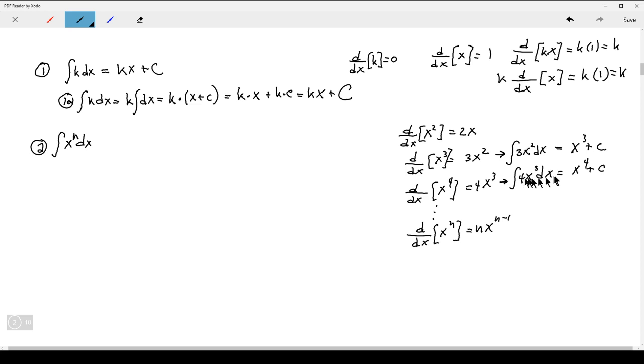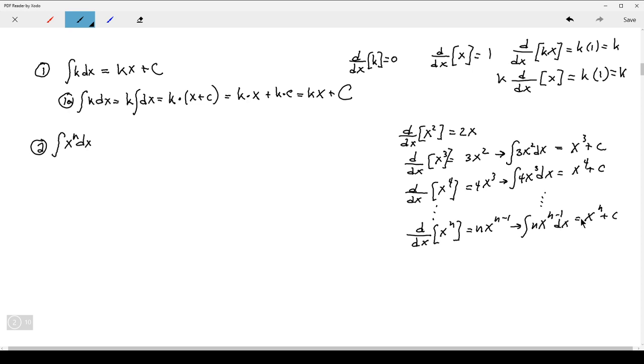All right, so again, the 4 has to go away, and the 3 has to turn into a 4. If I follow that same pattern down, over here, if I want to take the antiderivative of nx to the n minus 1, and I know that that has to be x to the n plus c, well, then what happens?